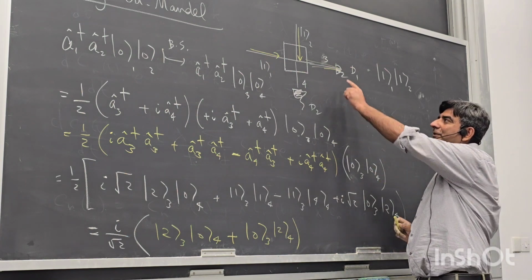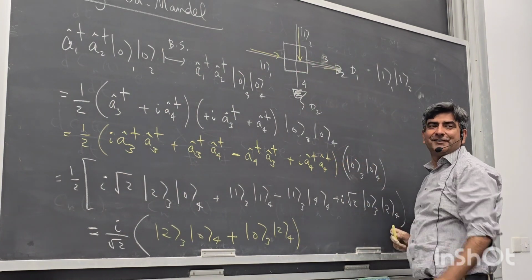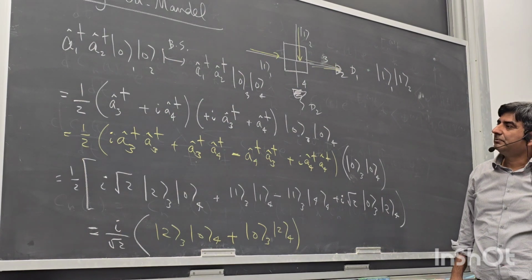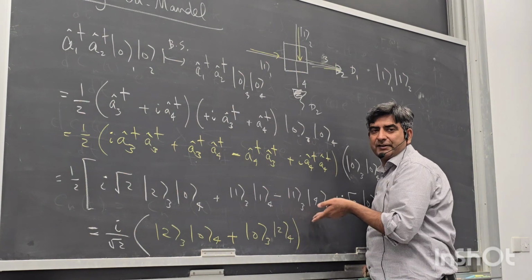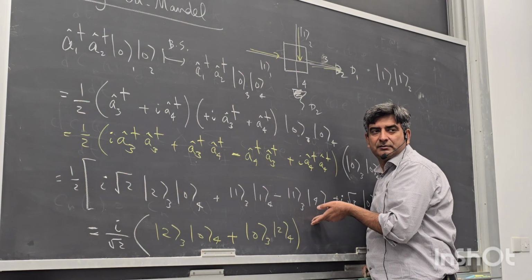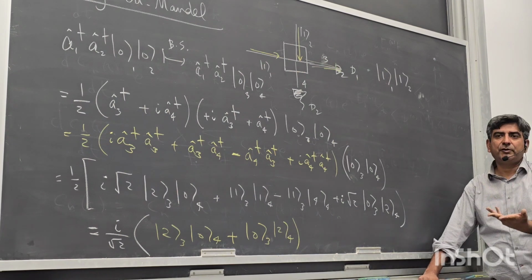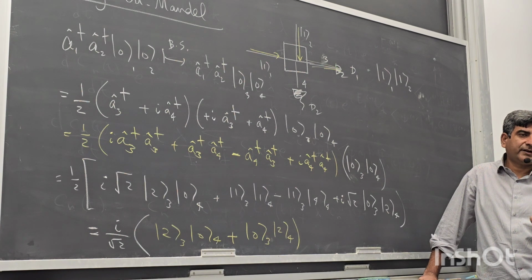Never would it happen that one photon goes out each way; 2 are coming in, both of them are going either way. So these 2 channels destructively interfere in a sense. So this cannot be explained classically. This is only a purely quantum mechanical explanation for the Hong-Ou-Mandel effect.